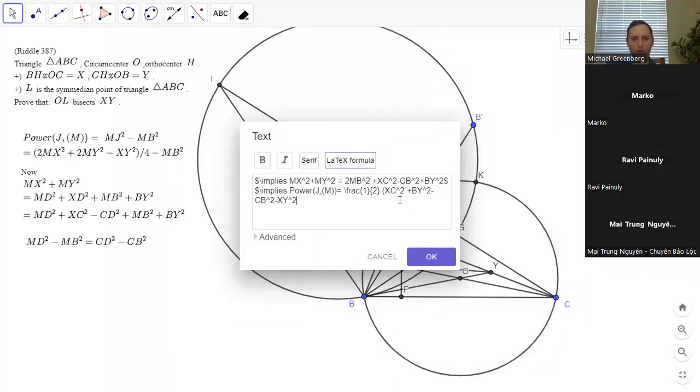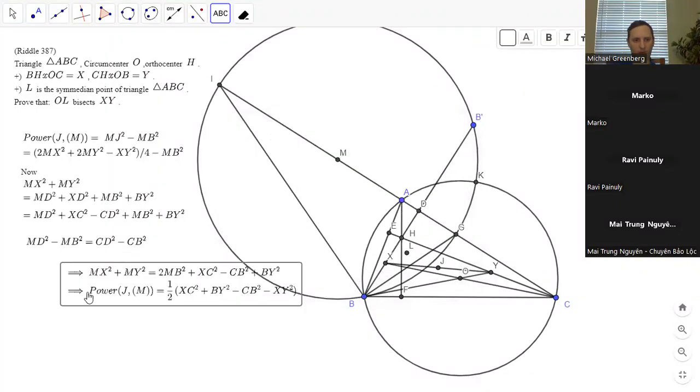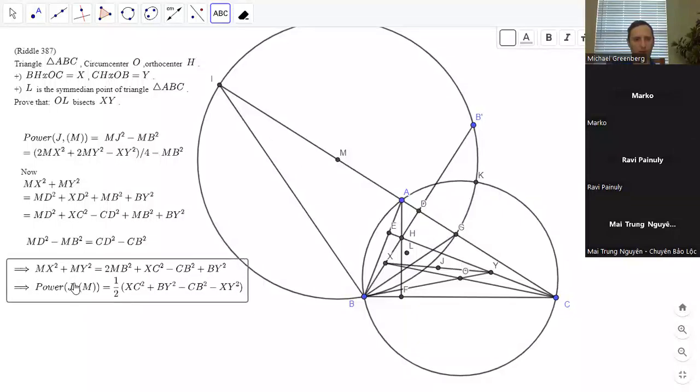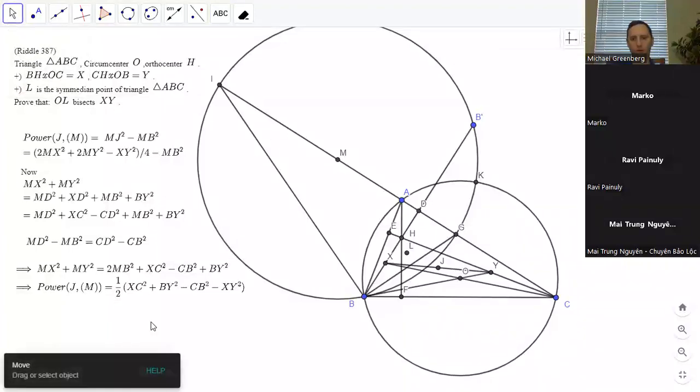I think this is right. Tell me if there's anything wrong here. Okay, so I'm taking this and plugging it in here. Okay, so we need to draw the C1 also for the B circle.